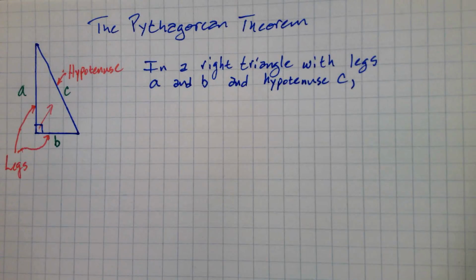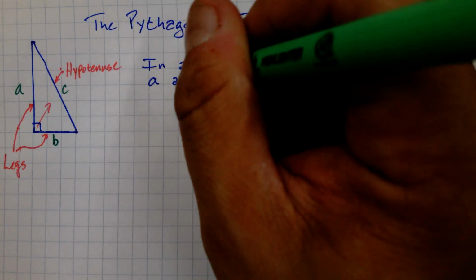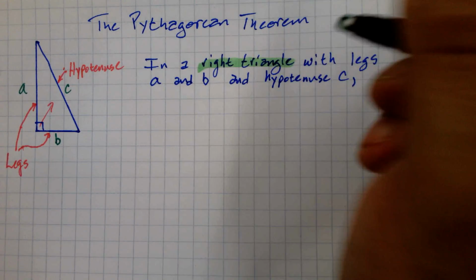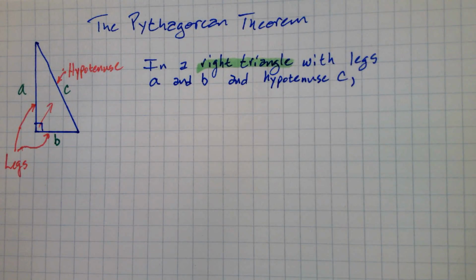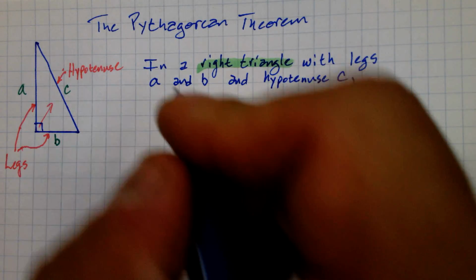So the main thing we want to emphasize here is that we have a right triangle. And just so we can all follow along, I'm just calling the legs A and B and the hypotenuse C.